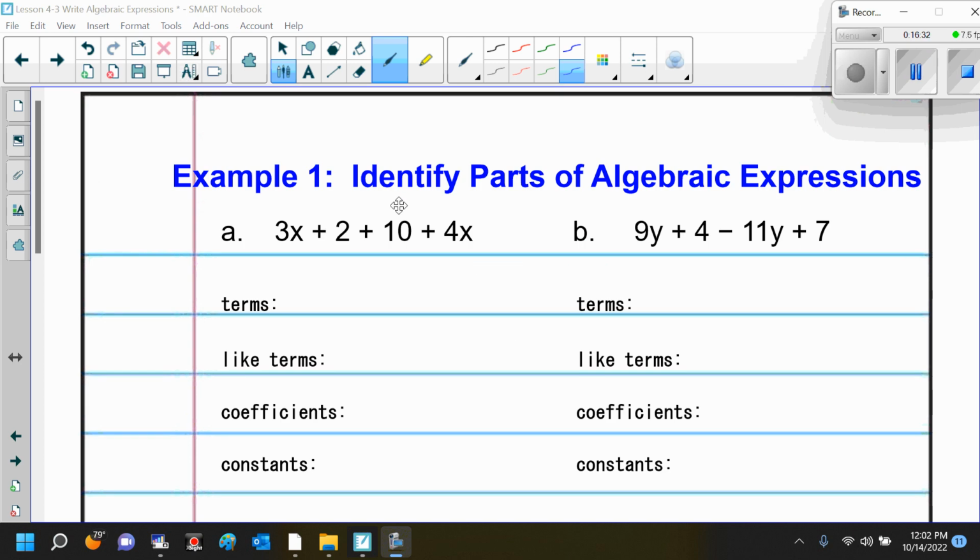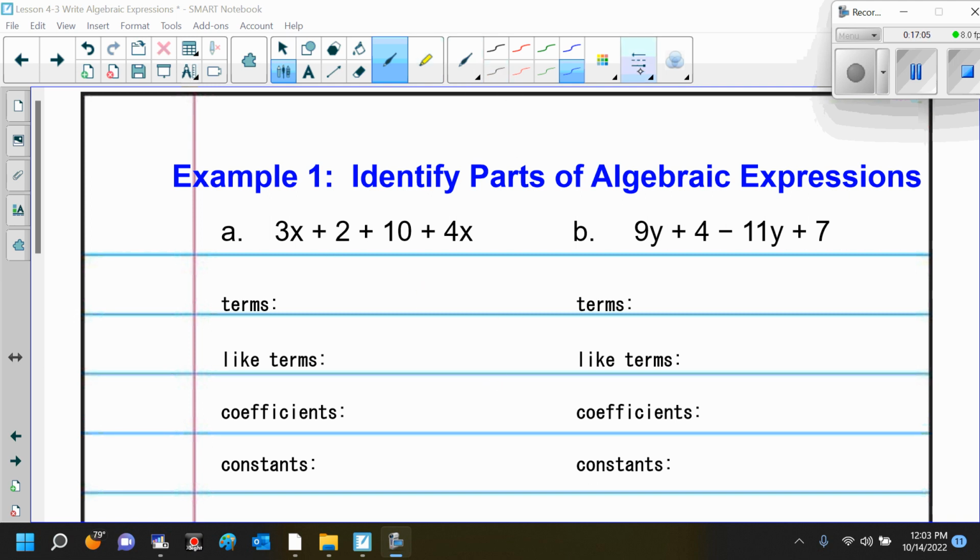So, example 1 is identify parts of algebraic expressions. For the first expression, we have 3x plus 2 plus 10 plus 4x. We want to identify the terms. Now, remember, the terms are each part of the algebraic expression that is separated by a plus or a minus.